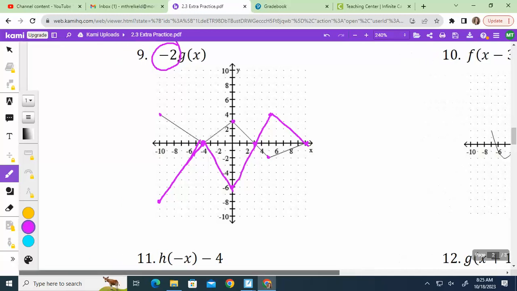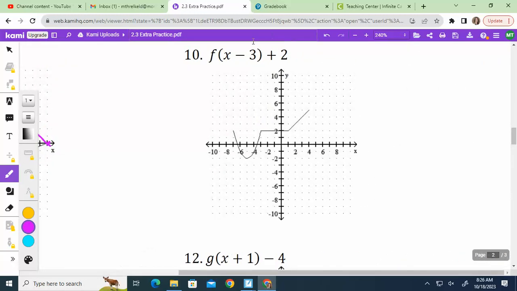So number 10, what would I do with each of these points? Write 3 out too.